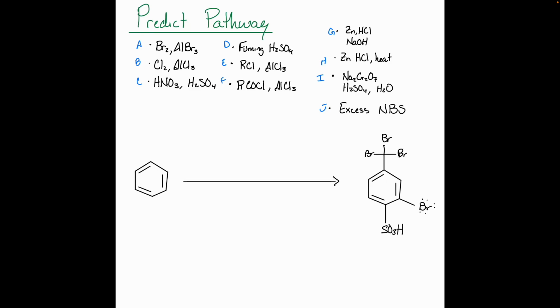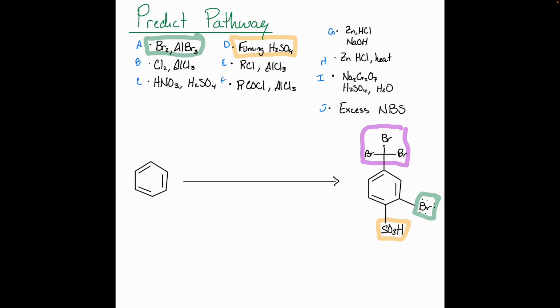All right, so step one, let's figure out what reactions we're going to need to use here. The sulfonic acid group, which one, A through J? That would be the fuming H2SO4, a bromine, reaction A. What about this thing right here, though?